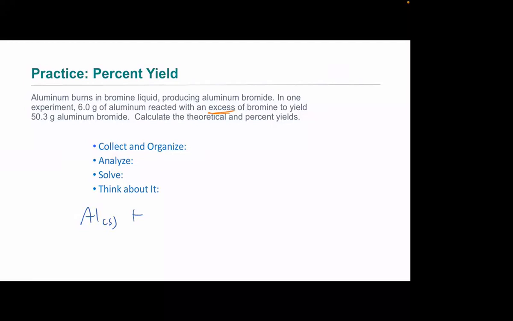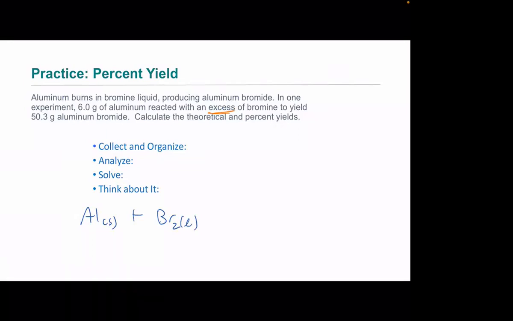Br2, not Br, right? Because bromine is one of those diatomics. Remember, the halogens are diatomics. So if you just put Br, you're not going to get the right answer. It's the element bromine, which is a liquid at room temperature. Br2.